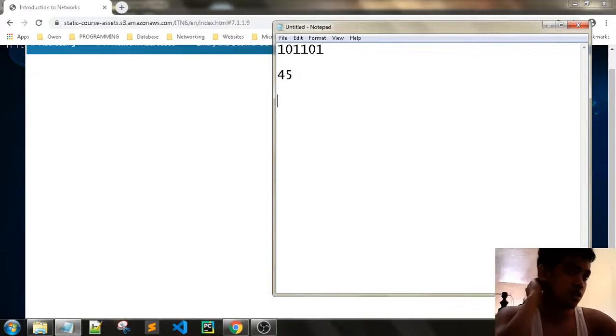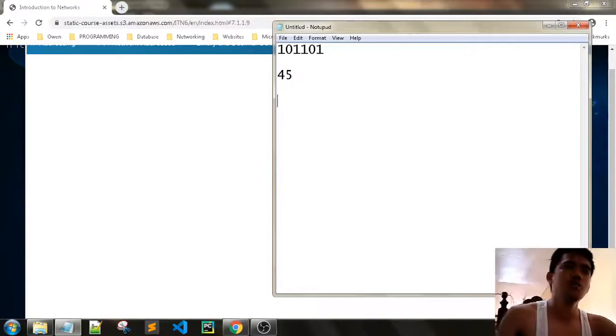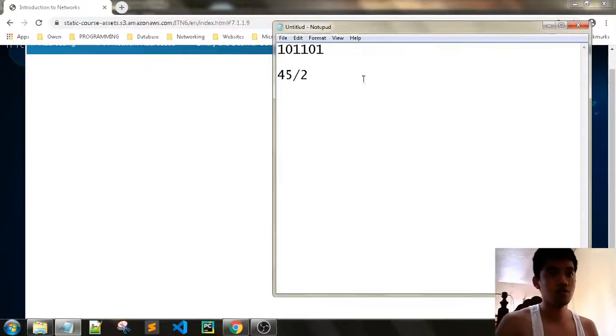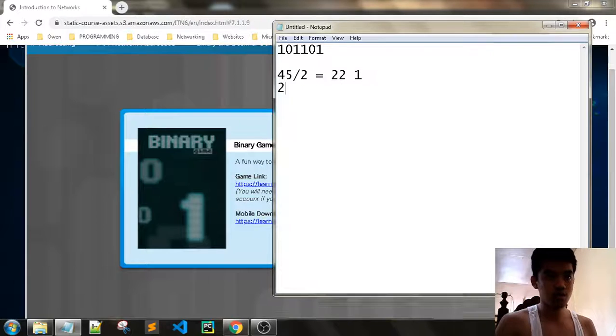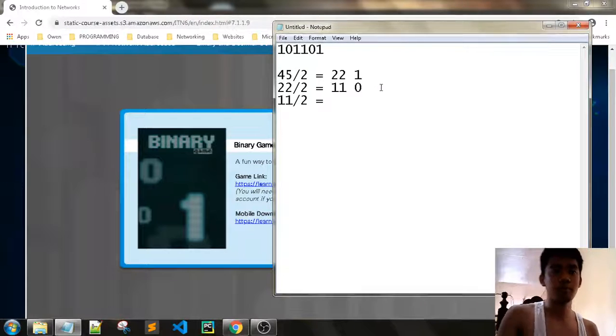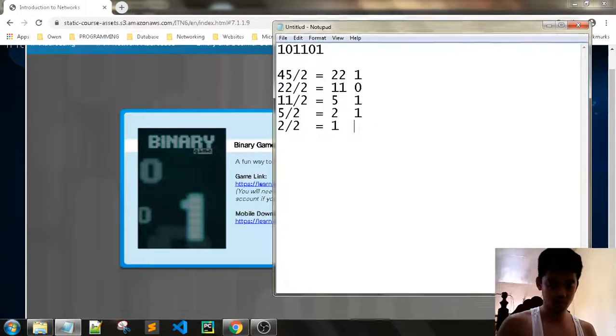We just need to get the remainder of every division we make. 45 divided by 2 equals 22, remainder 1. 22 divided by 2 equals 11, remainder 0. 11 divided by 2 equals 5, remainder 1. 5 divided by 2 equals 2, remainder 1. 2 divided by 2 equals 1, remainder 0.